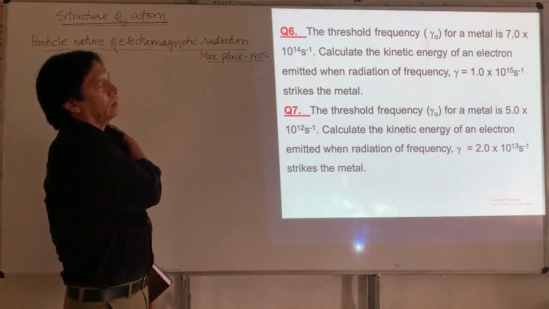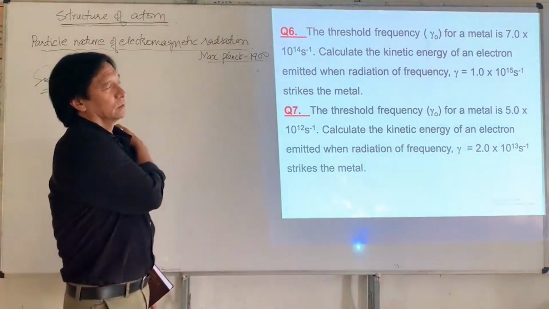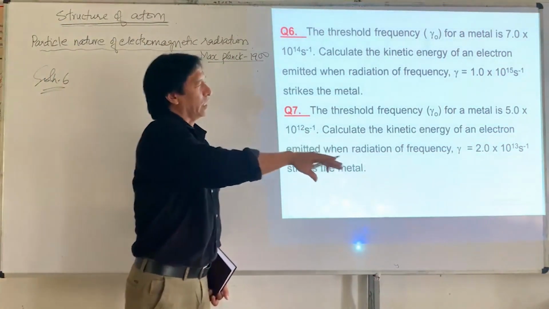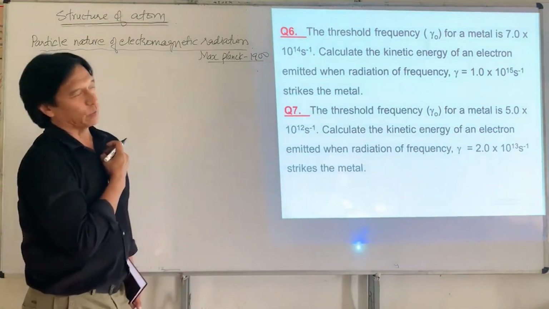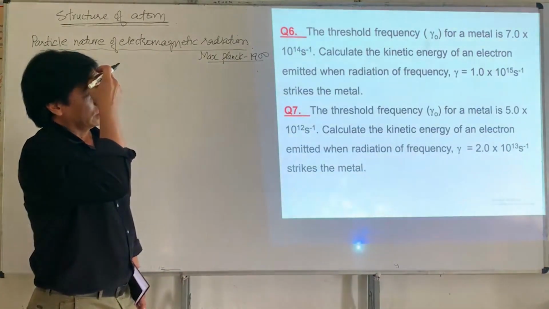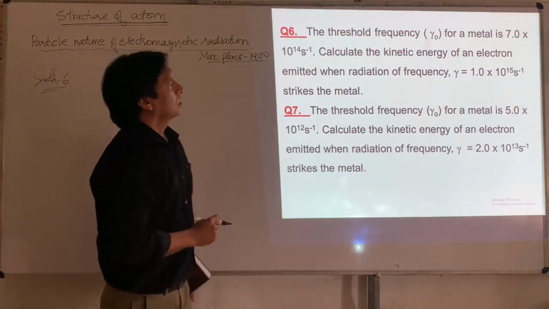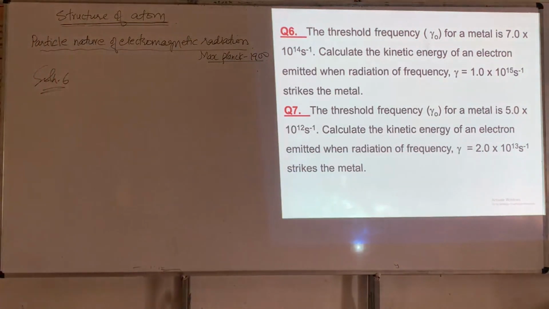And then you have to calculate the kinetic energy of an electron emitted when radiation of frequency 1.0 into 10 to the power 15 per second or hertz is incident on the metal surface.